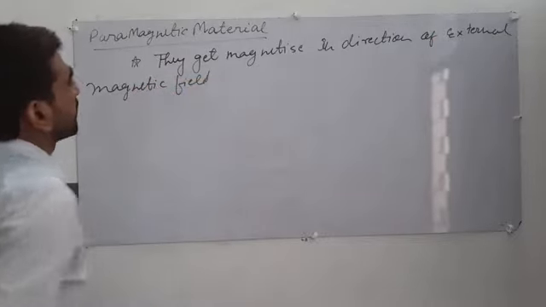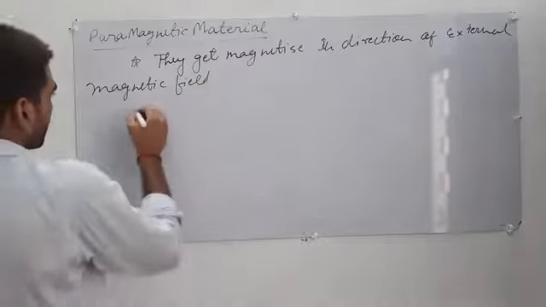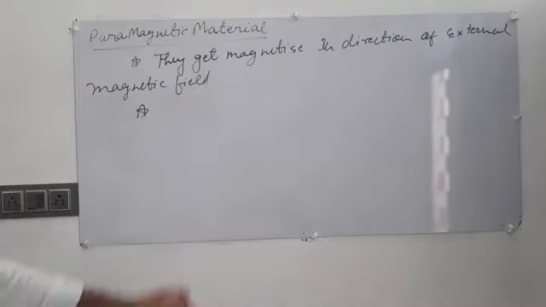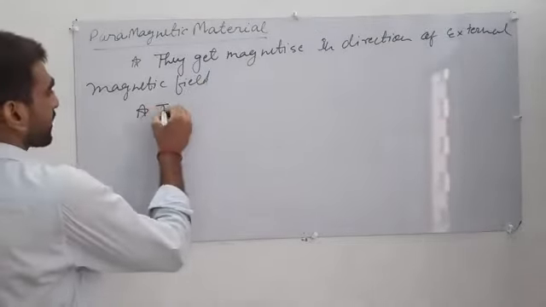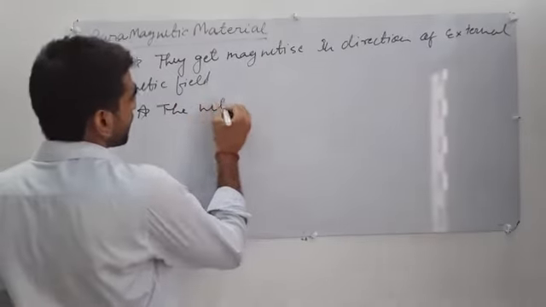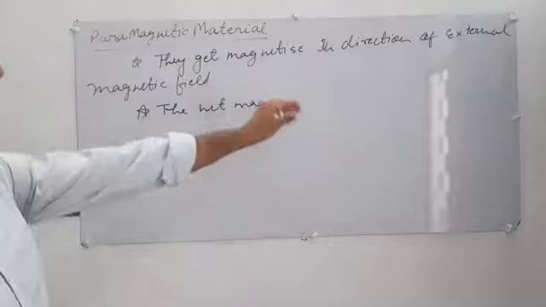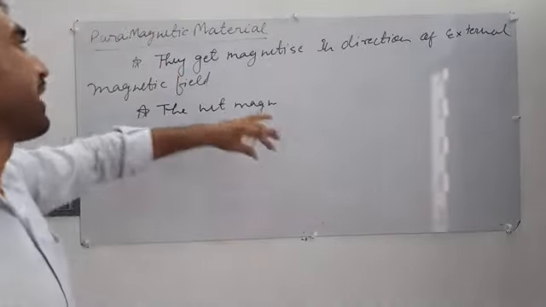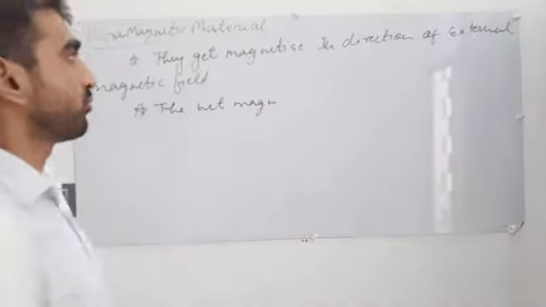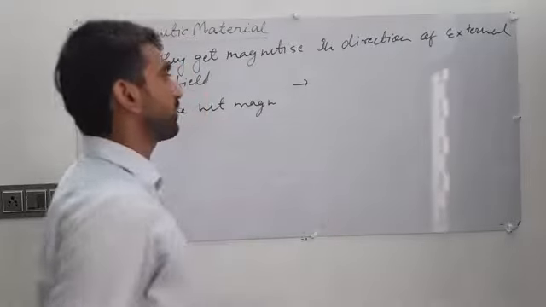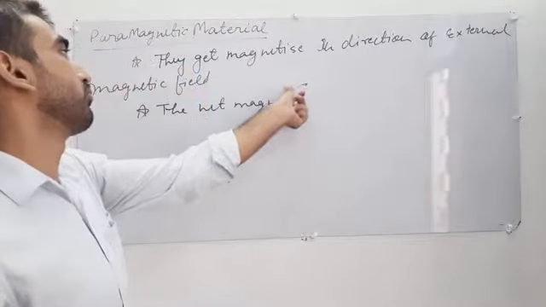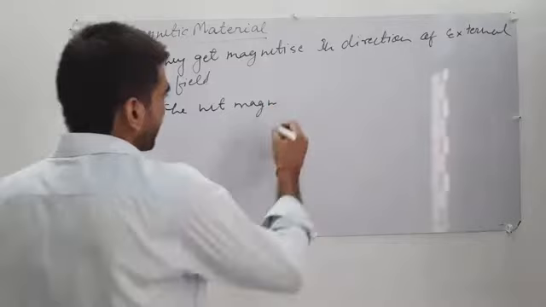The net magnetic moment of the atoms is not zero, because the direction of the external magnetic field and the atoms' dipole moment are in the same direction. That's why the net magnetic moment of the atoms is not zero.